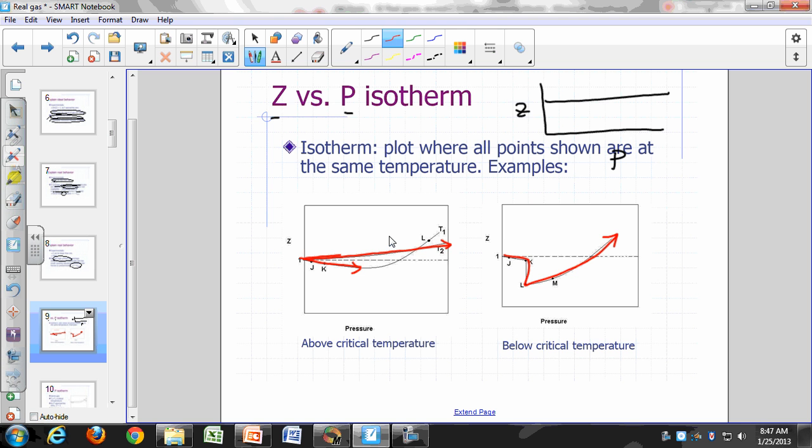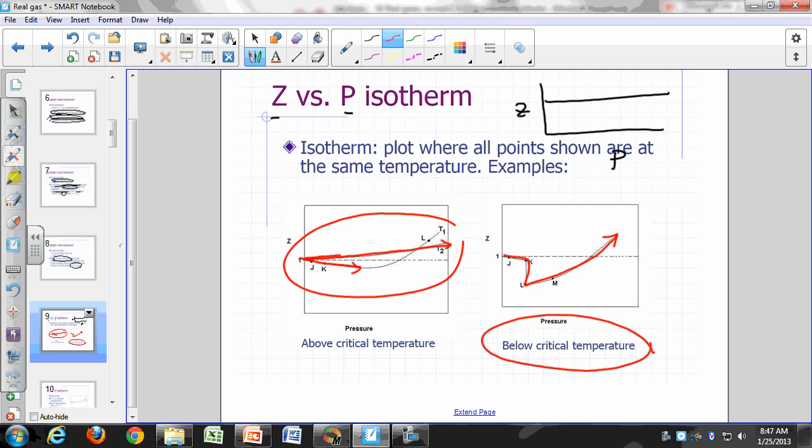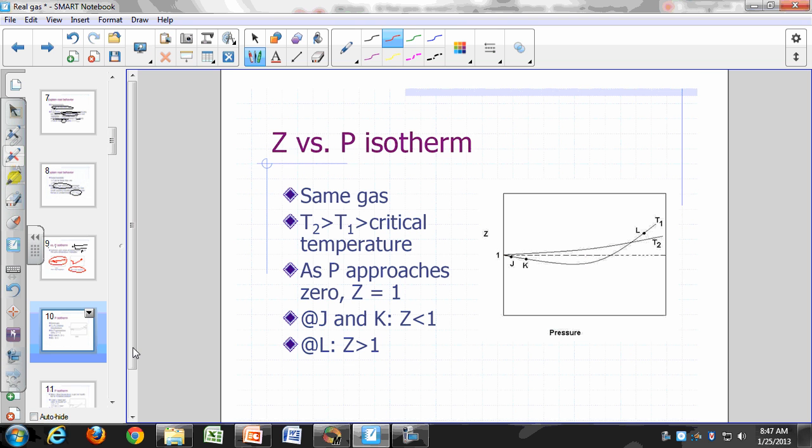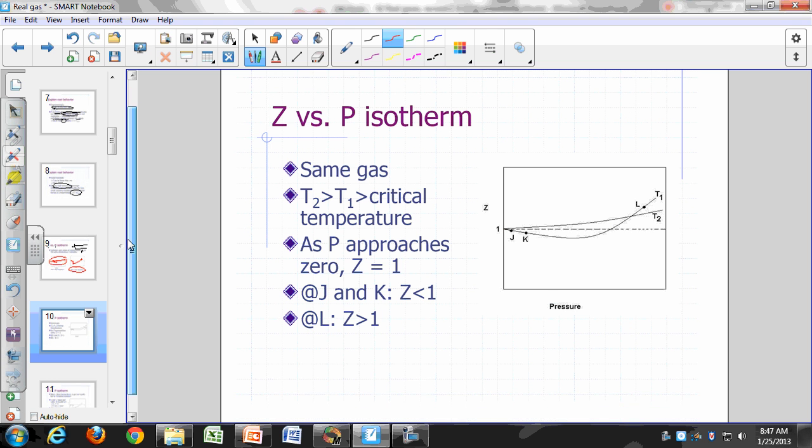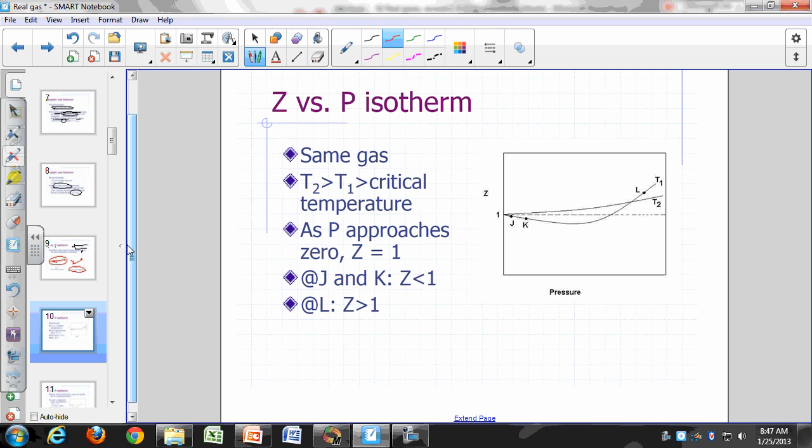When you see this big drastic drop, you say that your gas is below what's called the critical temperature. Okay. And these are cases right here. The one on the left, those are cases where your gas, we say, is above a critical temperature. So these are isotherms above the critical temperature.